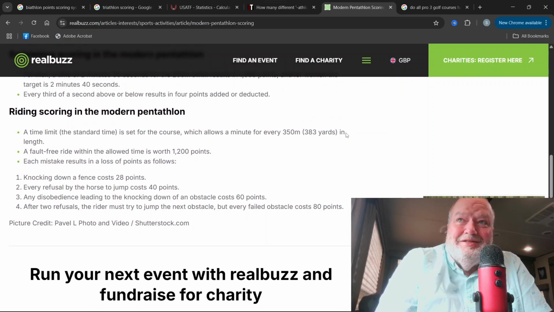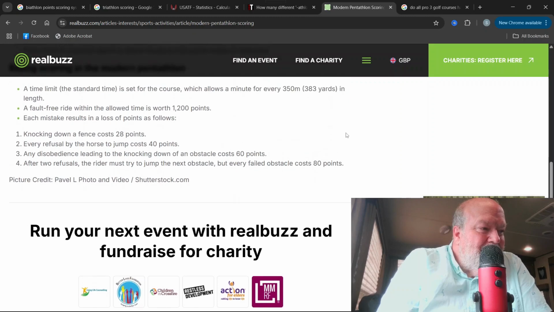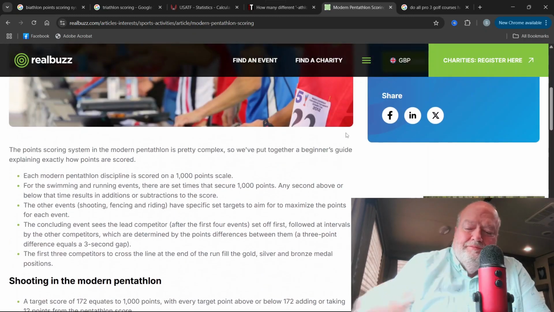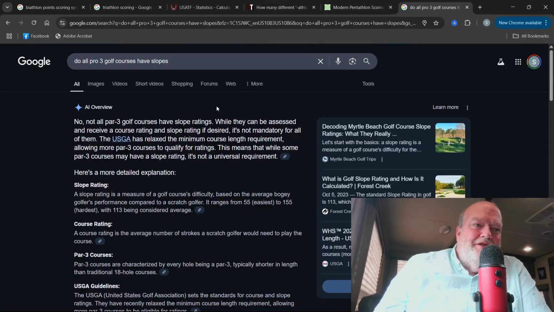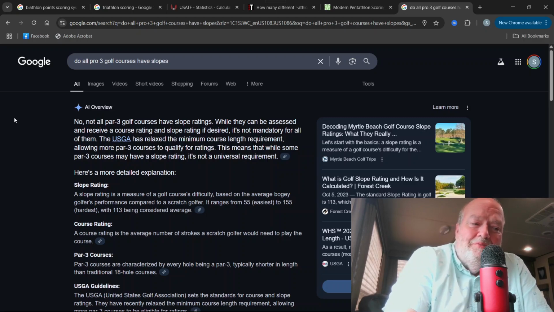That's an interesting thought. In bowling, you take points away for every gutter ball they throw, but that's a different matter. Another thought that I was thinking about was, if we're doing a par 3 course, whether you take in the slope rating of that course, but not all par 3 courses have slope ratings.